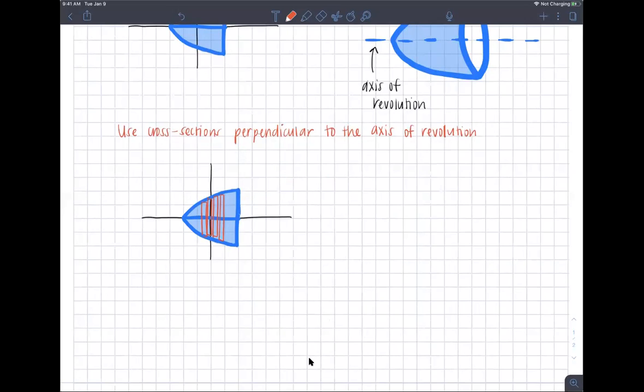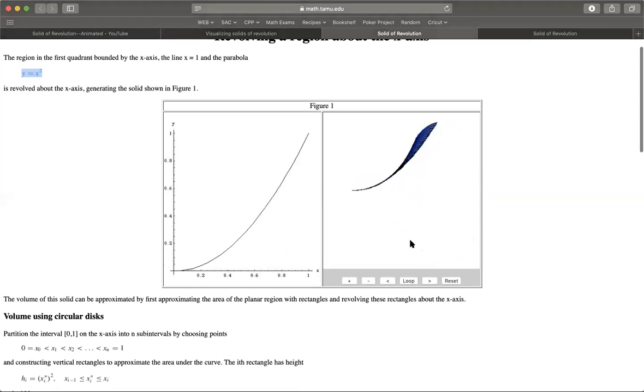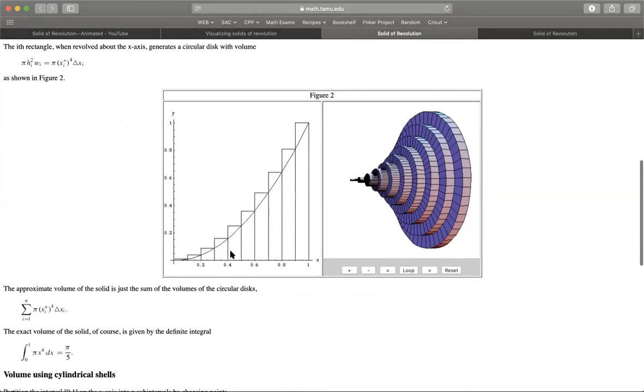And so actually, let me show you one more thing. Where is Safari? There it is. So here, if you look, these two websites that I showed you, if you scroll down, you can see exactly what's happening, right? So here's one cross section, here's another cross section, and they're finding the volume of this cross section, adding it to the volume of this, adding it to the volume of this, and they're getting an approximation.